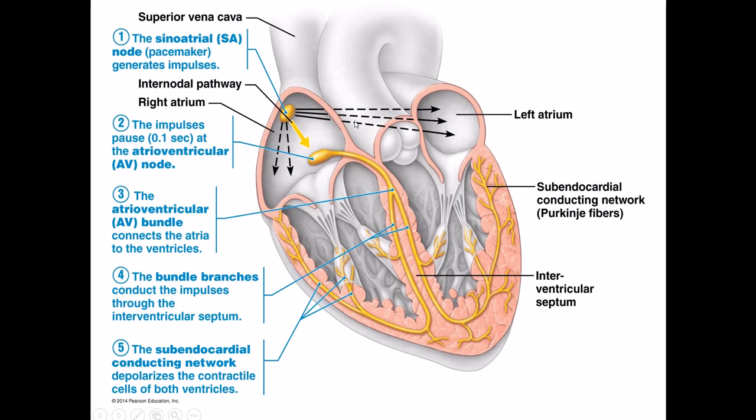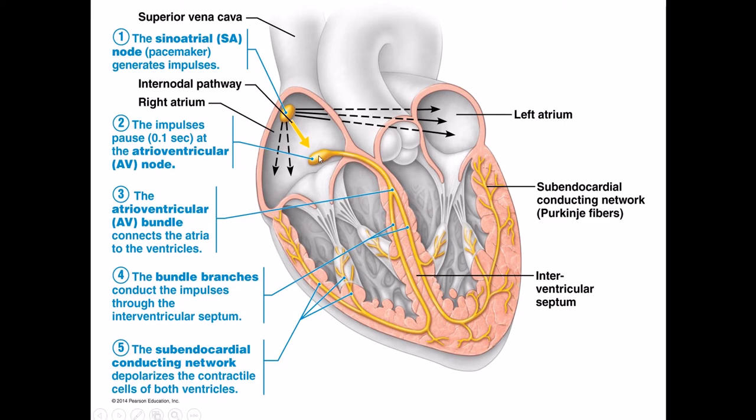From the sinoatrial node, the signals spread through the atrial septum into the left atrium, but also down the right atrium to the AV node, or the atrioventricular node. The signal will pause here at the AV node for a very brief period of time, which will allow the atria on both sides to finish contracting to get all of the blood out of the atria and into the ventricles.